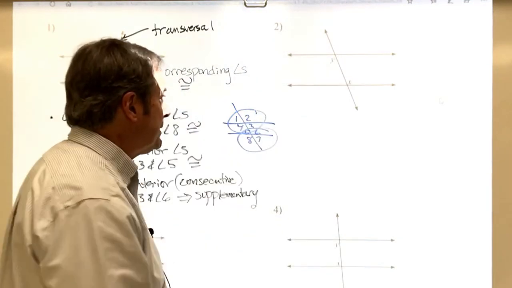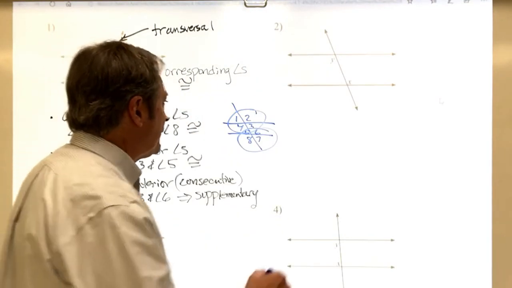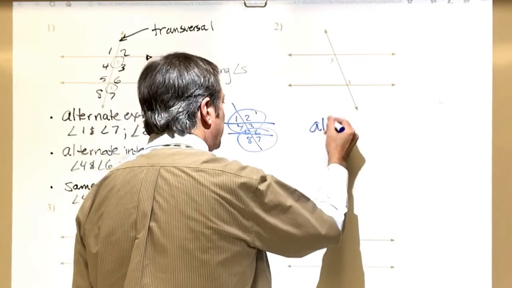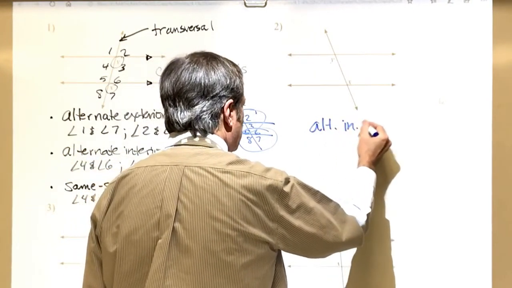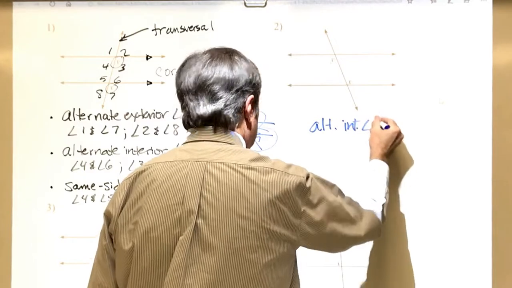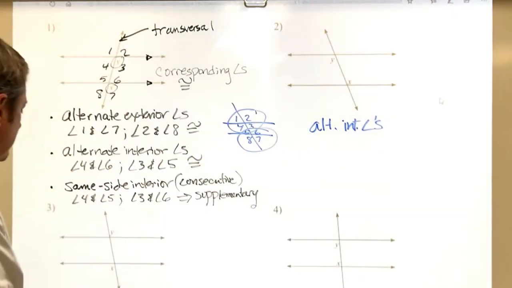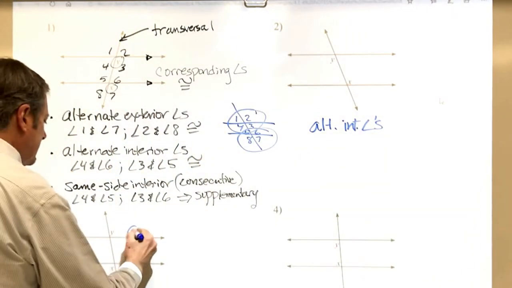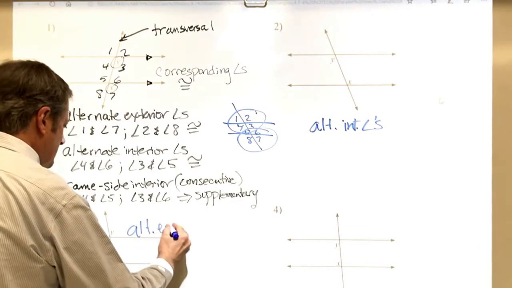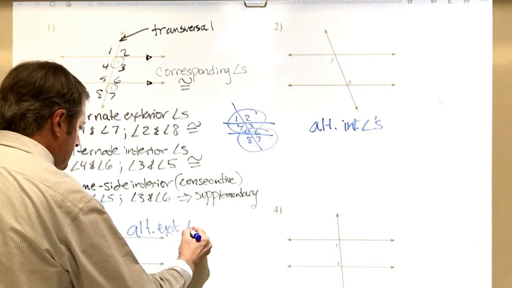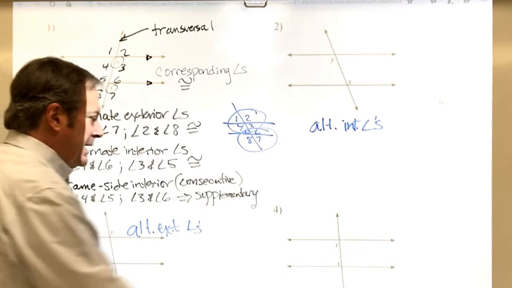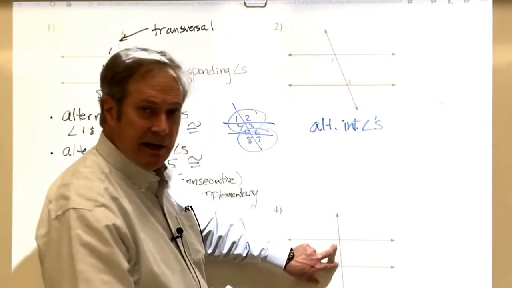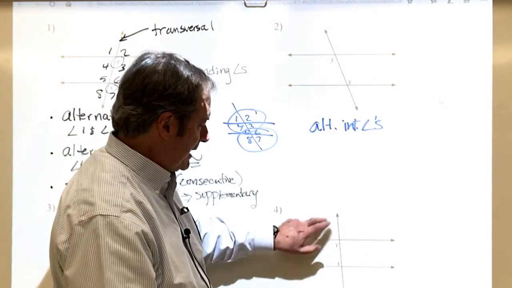So number 2, go ahead and write that down. This is alternate interior angles. Number 3 would be alternate exterior angles. And angle 4 are same side interior. They can't be outside.